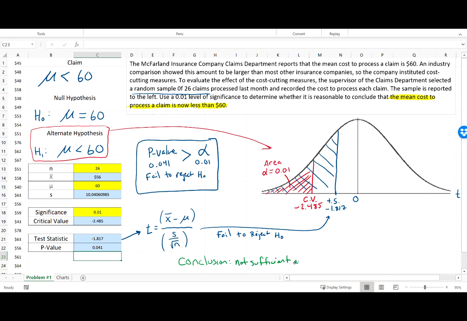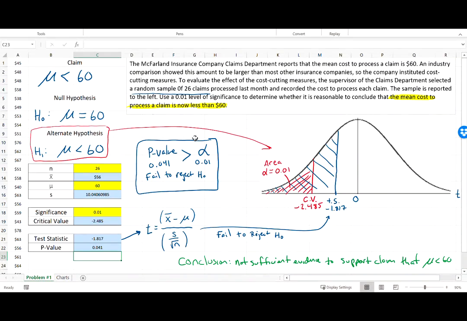Not sufficient evidence to support the claim that the mean of all of these insurance claims is less than 60. So basically, this hypothesis test was inconclusive, which means we need more sample data.